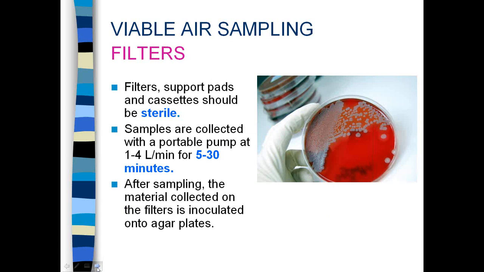Samples are collected with a portable pump at 1 to 4 liters per minute for, again, short sample times, up to 30 minutes, to ensure viability. Another advantage of the gelatin filters for growth culture is they will dissolve when they're placed onto the agar.